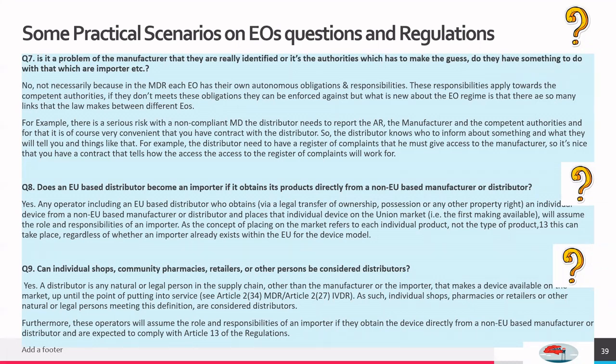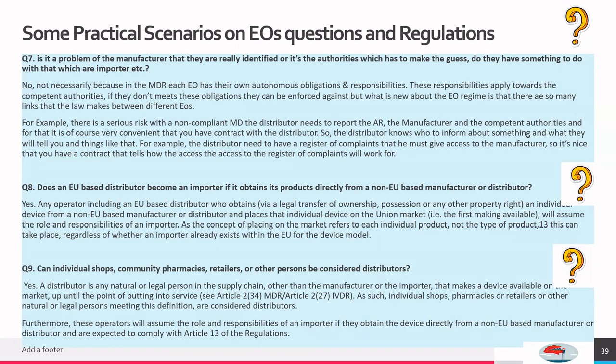So next question: does an economic operator, a European Union based distributor, become an importer if it obtains its products directly from a non-EU based manufacturer or distributor? Yes, obviously, because it is doing the action of importing. Okay, so the answer is yes. So can individual shops, community pharmacies, retailers, or other persons be considered as distributors?